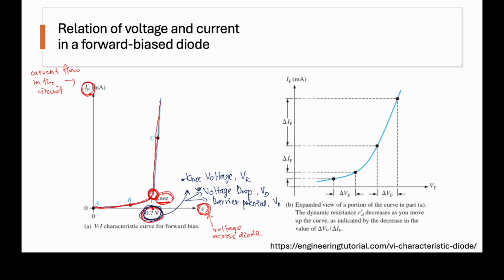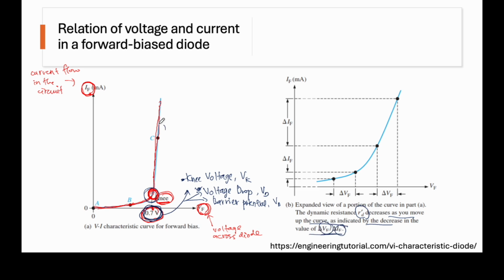Now, if we expand at the knee, we can see the dynamic resistance RD decreases as you move up the curve, indicating the decrease of the value VF over ID.